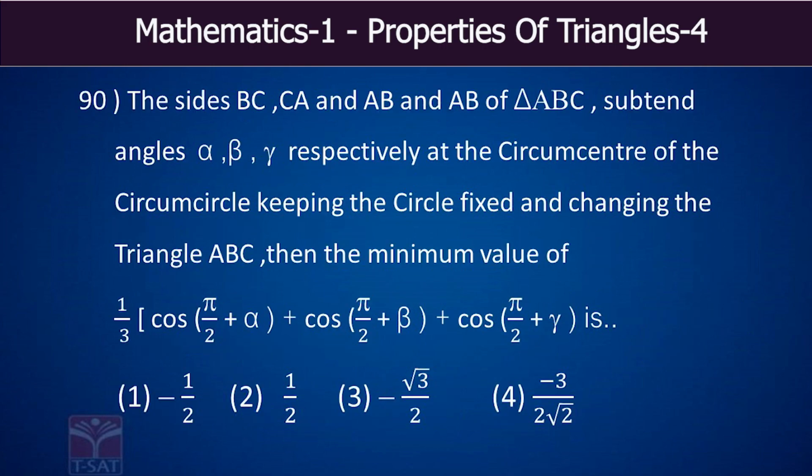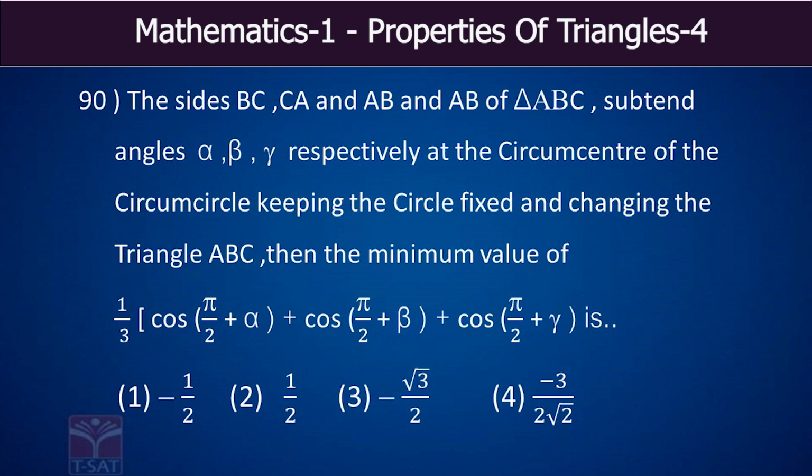The sides BC, CA and AB of triangle ABC subtend angles alpha, beta, gamma respectively at the circumcenter of the circumcircle of the triangle, keeping the circle fixed and changing the triangle ABC.